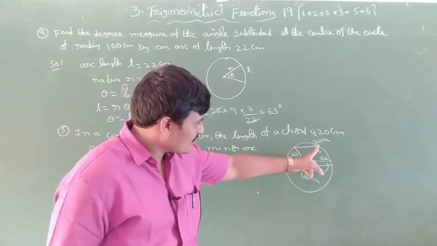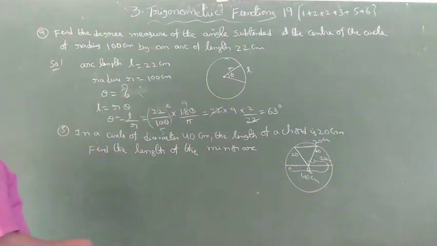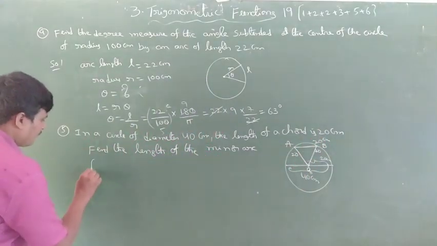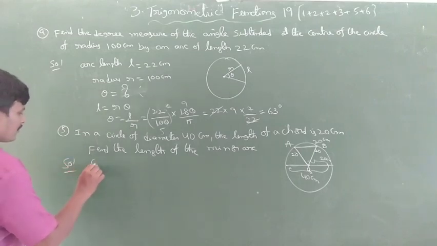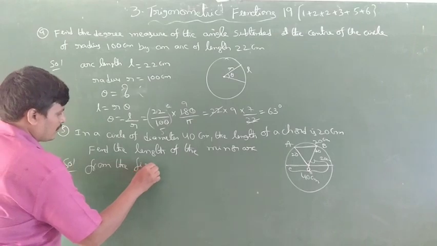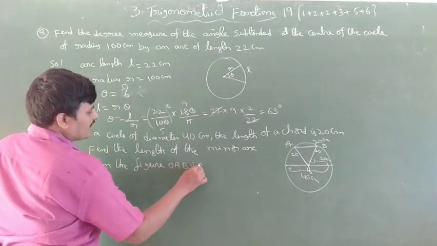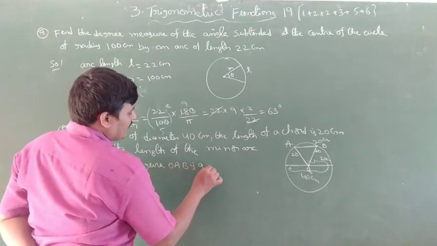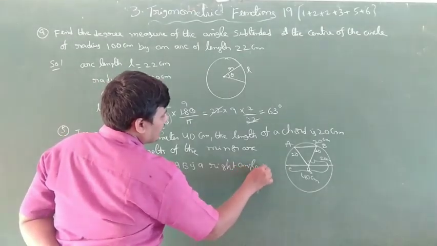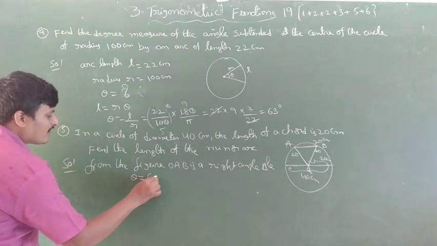This is the center to a point on the circle. This is an equilateral triangle, OAB. From the figure, OAB is an equilateral triangle, so all three sides are equal and all three angles are equal, each 60 degrees.